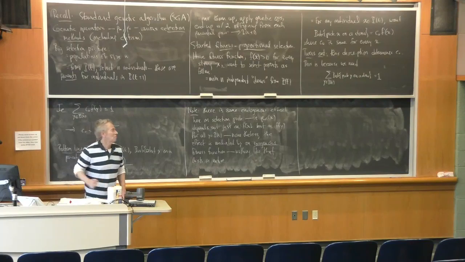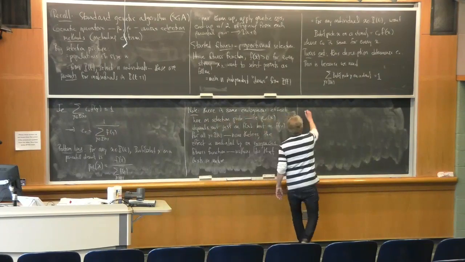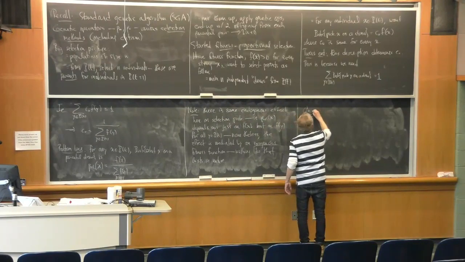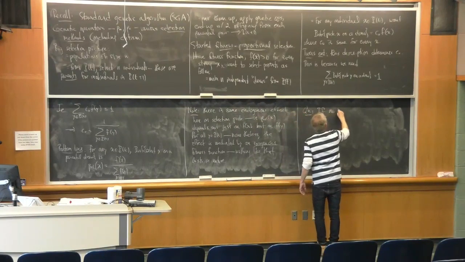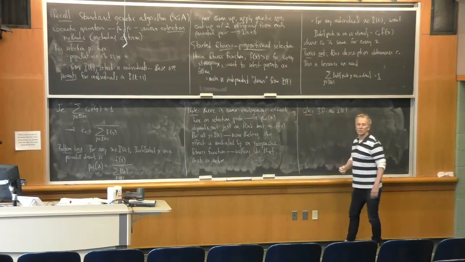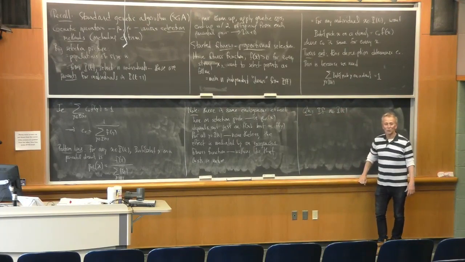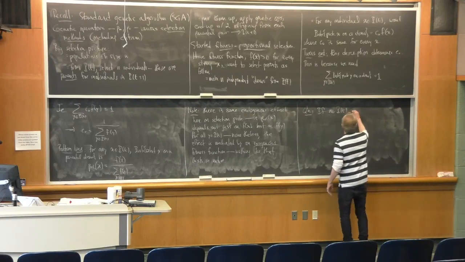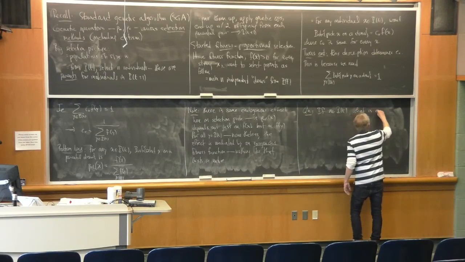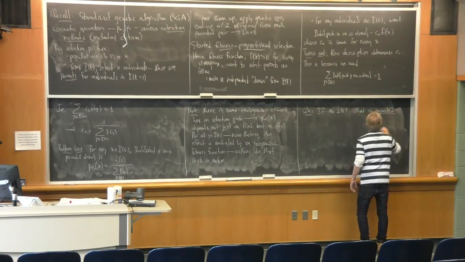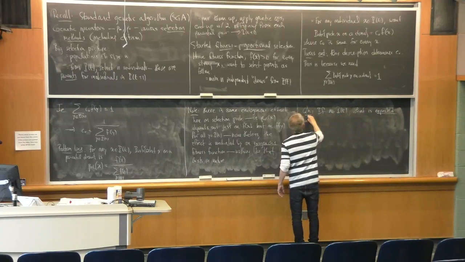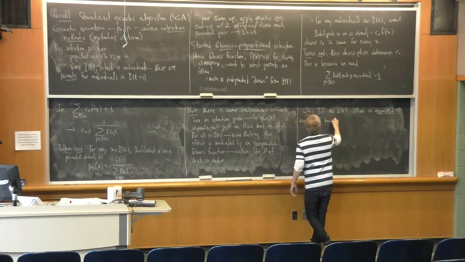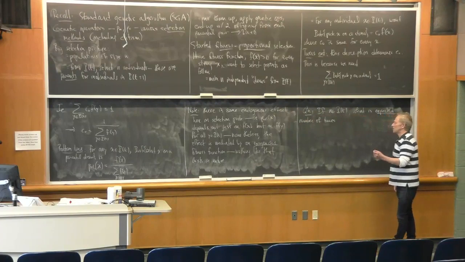For an individual x in P of t, so x is one of those individuals who's eligible to be a parent for P of t plus 1, what is the expected number of times that x appears among the parents for P of t plus 1?